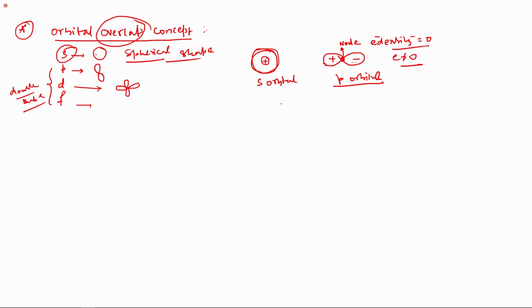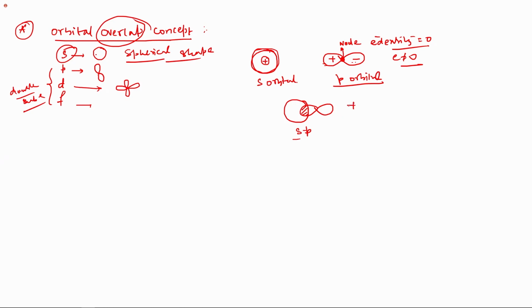Now what is overlap? Overlap means this is the s and this is the p, so this type of overlap would happen. This overlap is called sp overlap. Two orbitals, s and p, overlap. When they overlap, that means they are forming a bond.